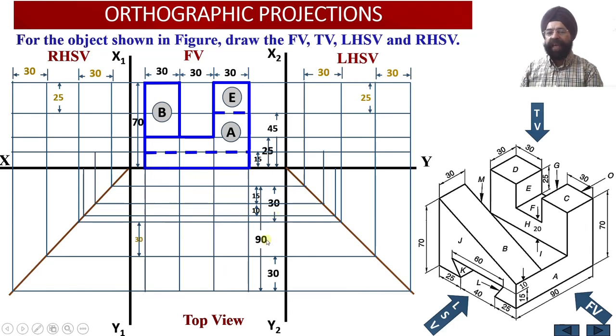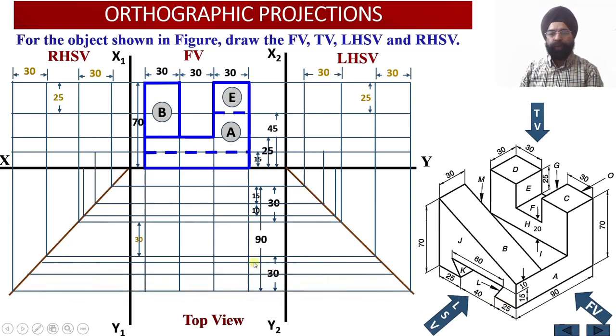Now the same thing I am going to do from the front end. So from the front end, this is my front face. This top portion will be at a distance of 15 millimeter from the front face, and the bottom point of this angular slot will be lying at a distance of 25 millimeter from the front face on the base over here. Now I have drawn, please check, two projection lines.